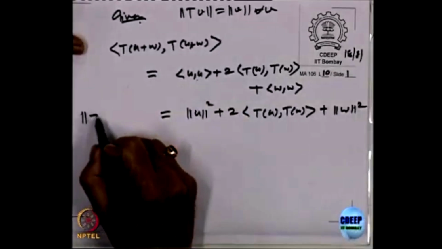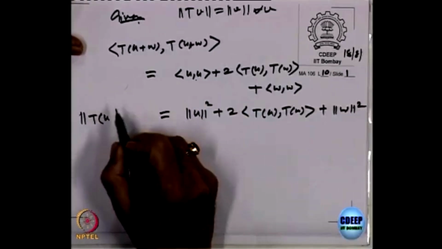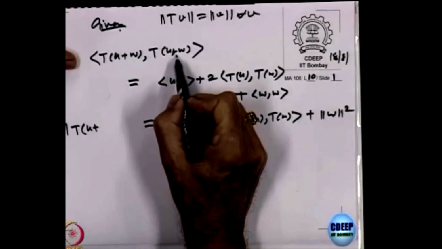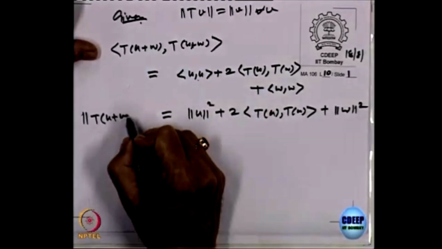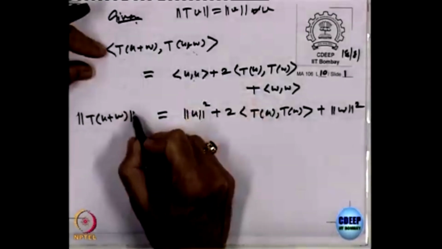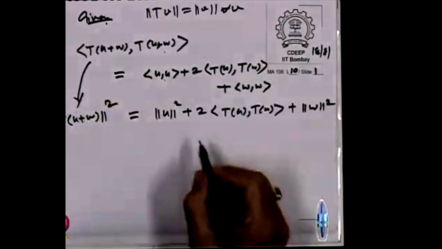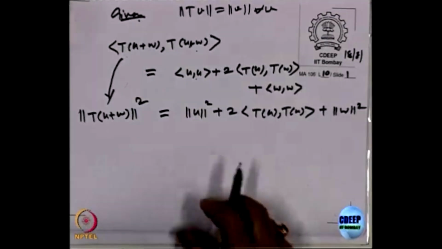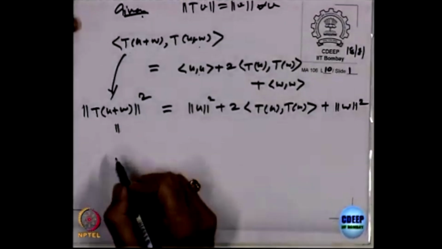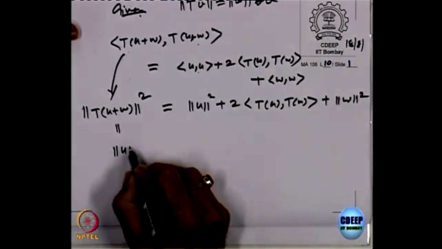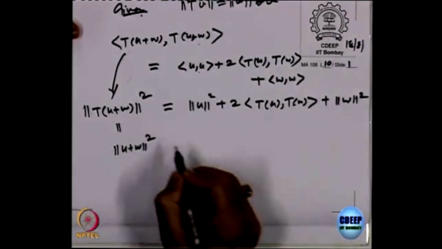This is the norm of T of u plus w, the same vector with itself, so that is the norm squared, right. So this is equal to this. So what is this equal to? By the given property, that is the norm of u plus w squared, again by the given property.